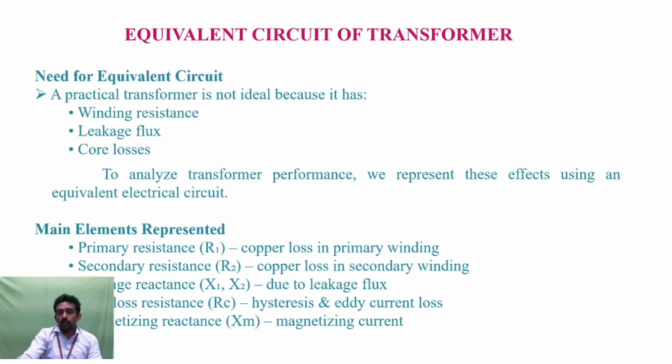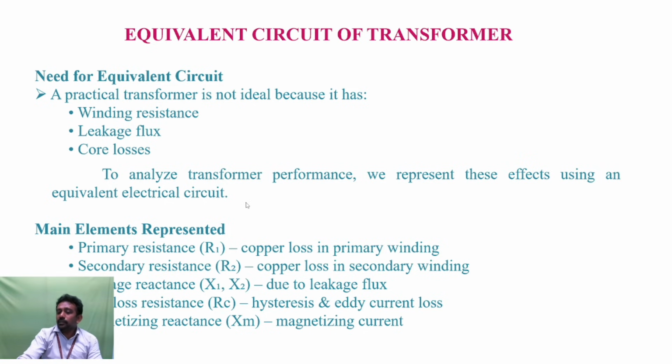And coming to the core, when it transfers the magnetic flux to the secondary, it always has some loss. In order to assess all these practical parameters, the ideal transformer requires equivalent circuit analysis.